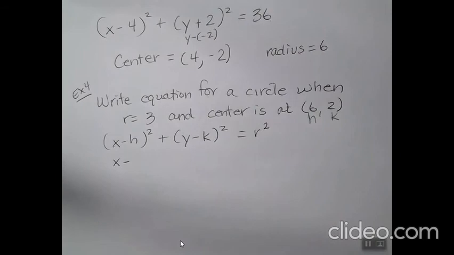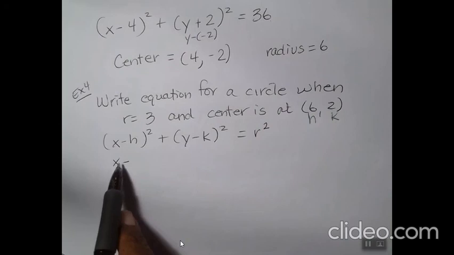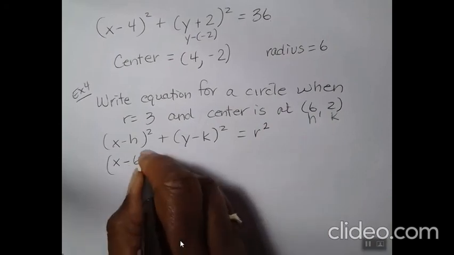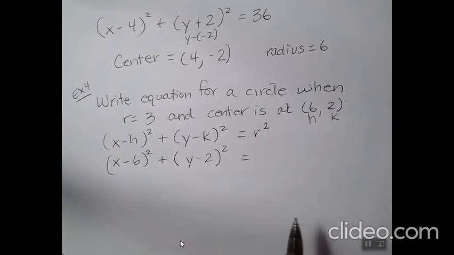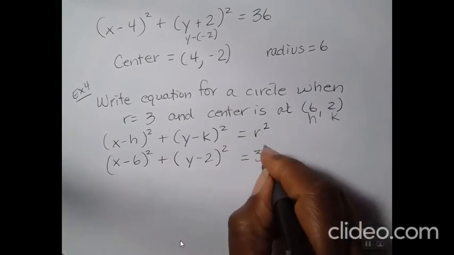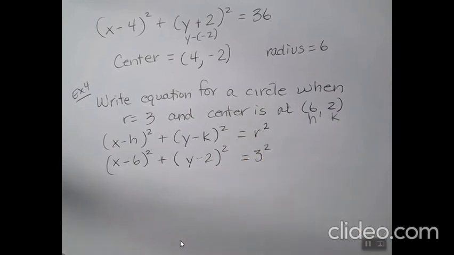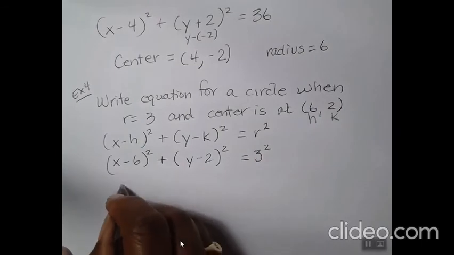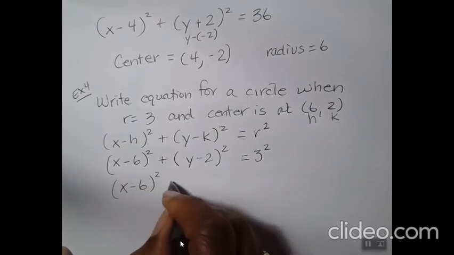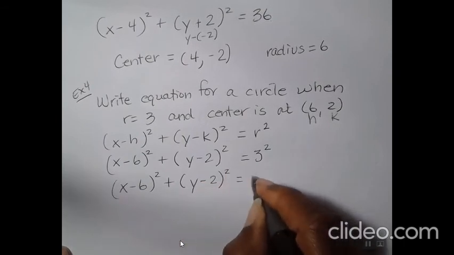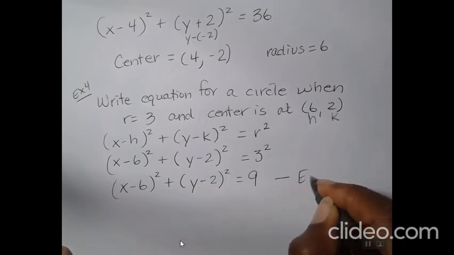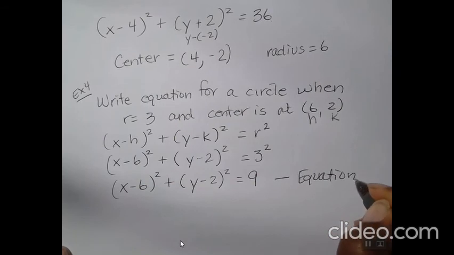So (x - 6)² + (y - 2)² equals the radius, which is 3 squared. So the equation for our circle in general form is (x - 6)² + (y - 2)² = 9. This is the equation of the circle.